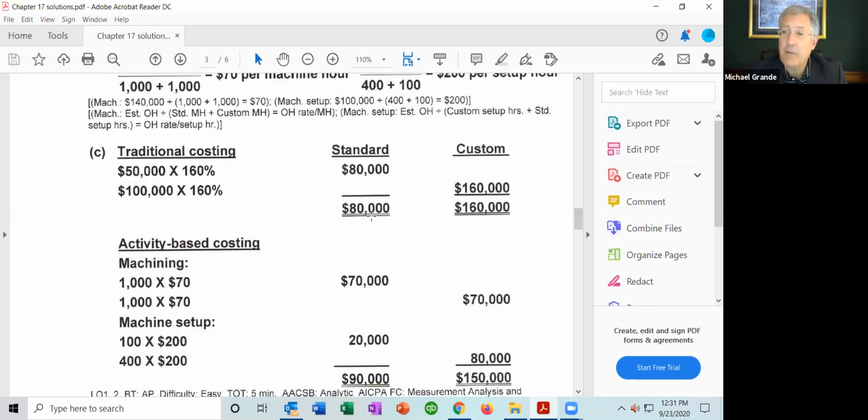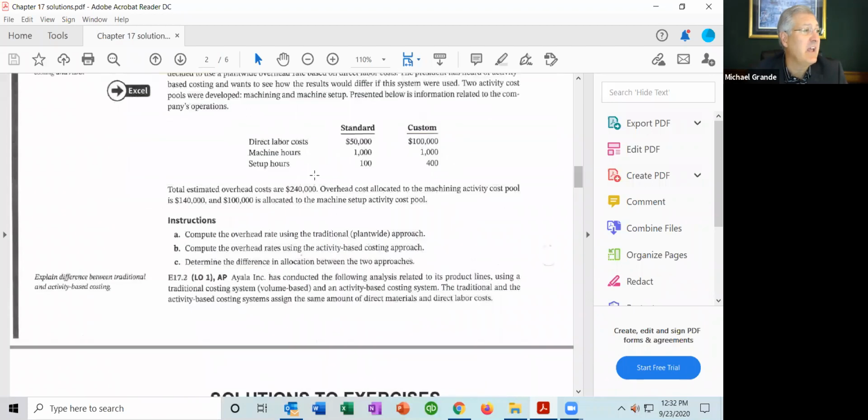So that is how manufacturing overhead is allocated using a traditional approach. Now, one check figure is that what is allocated between the two products has to equal the total manufacturing overhead. Got 80,000 allocated to standard, $160,000 allocated to the custom. Add those two numbers together, you get $240,000. And that's what the total estimated overhead is, $240,000.